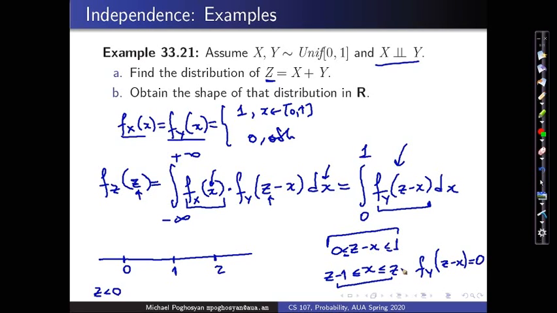But we are integrating x from 0 to 1, so in this case I will have 0. So f of z, that integral, will be 0.